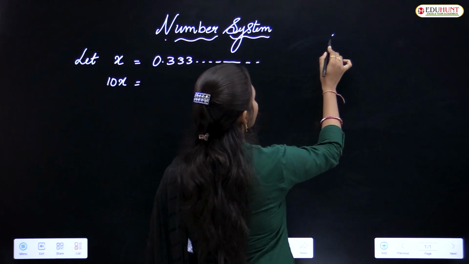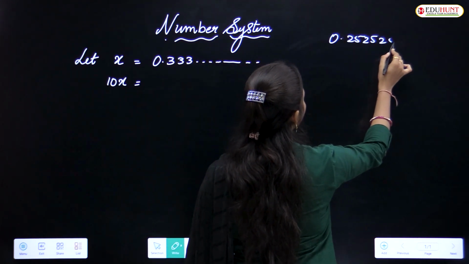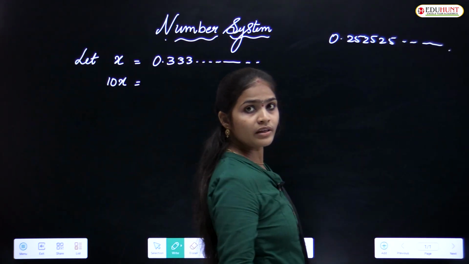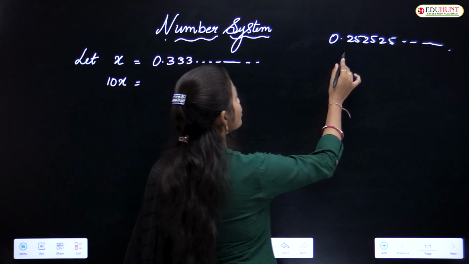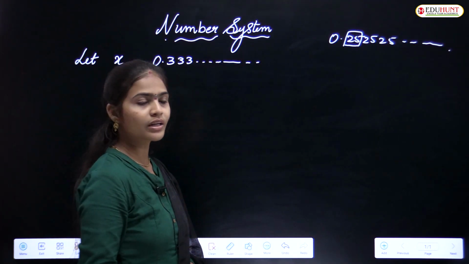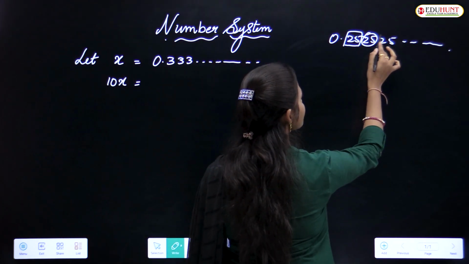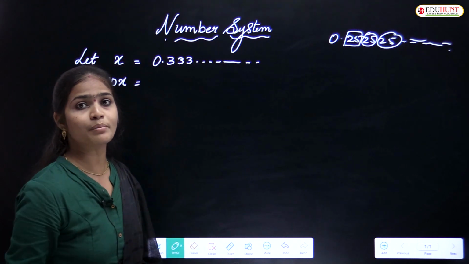For example, 0.252525 and so on. After the point, how many digits are in repetition? That is 25, a 2-digit number in repetition. Next we can have a 3-digit or 4-digit number in repetition.